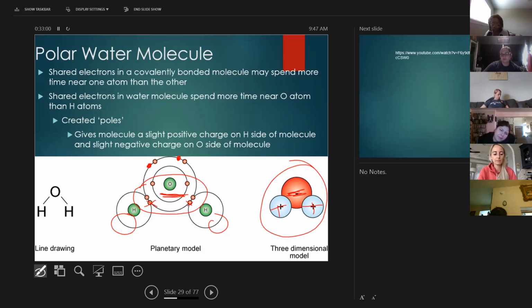How it has the two, you said those get negative, but they're not the ones sharing with the hydrogen. So why do they become negative too? Because electrons are always negative. Electrons have a charge of negative, and if I gather more electrons in one area, then that area is going to have a more negative charge.